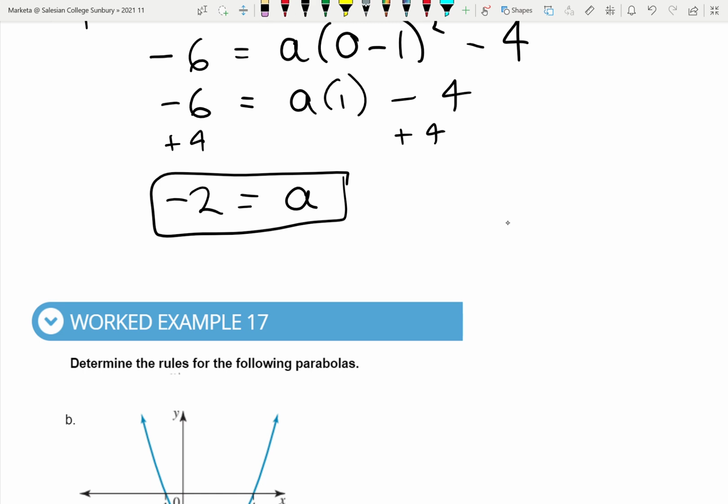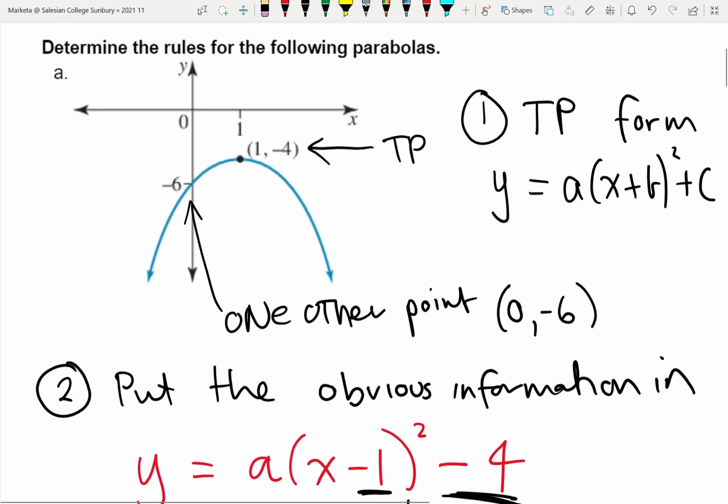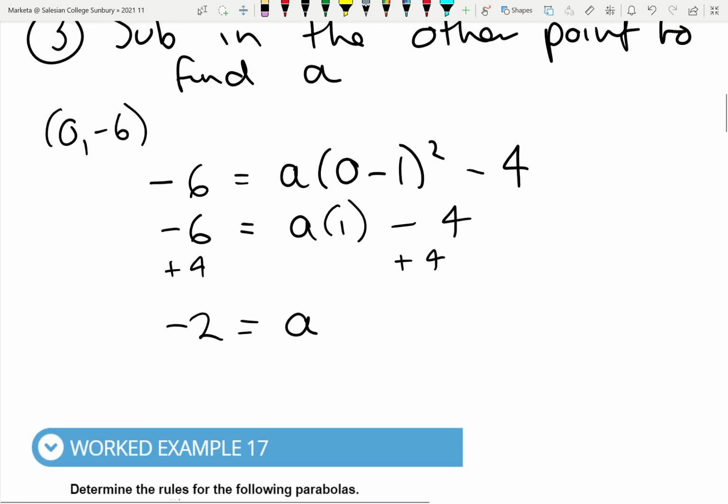So if you had considered that this is an upside down graph to begin with, yes, it's going to be a negative graph, and it will have a negative in front of the a value, but if you had put that negative in to start with, then you would be coming up with the wrong value for a. You may get the wrong answer. So it's important not to consider whether you are a positive or negative graph. The a value will determine whether it is positive or negative.